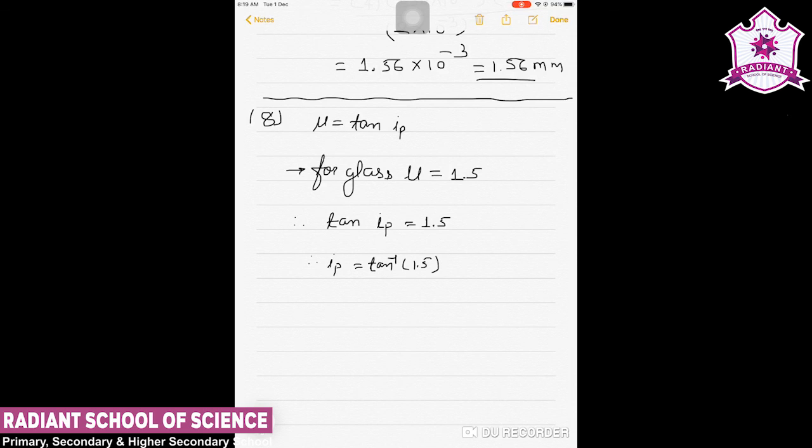Going to the table, we can say that this will be 56.3 degree. So this is the Brewster's angle for air to glass transition of light.